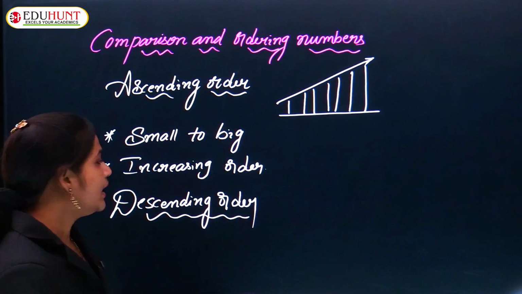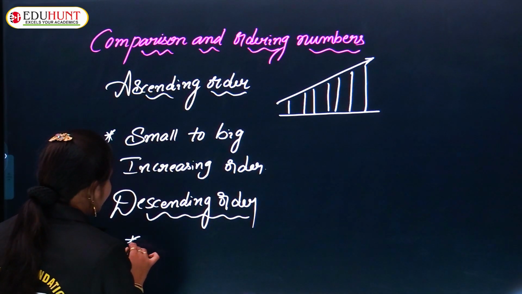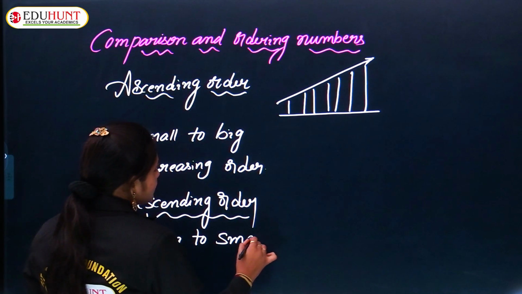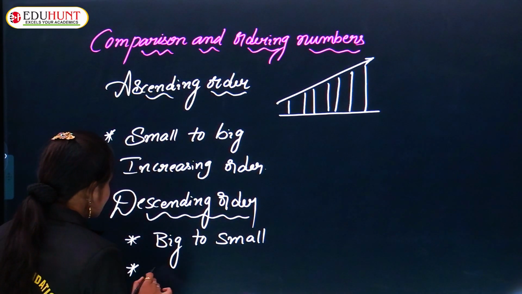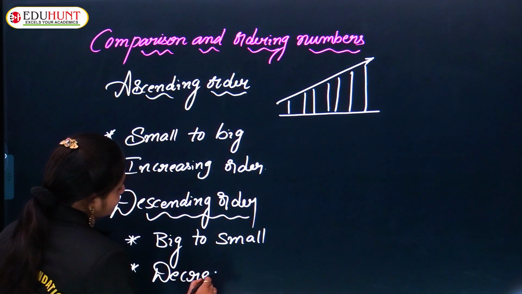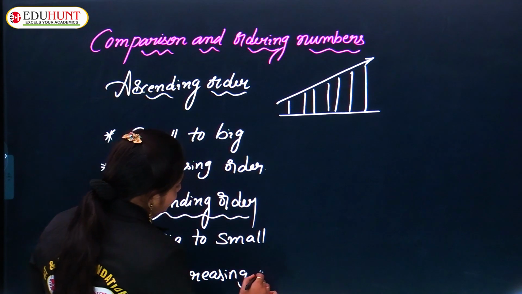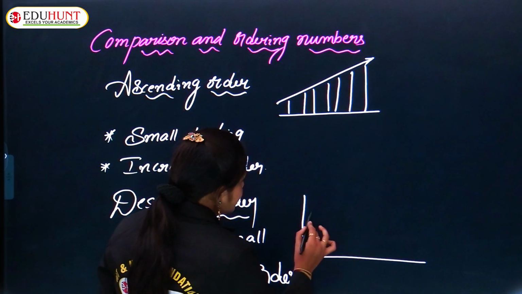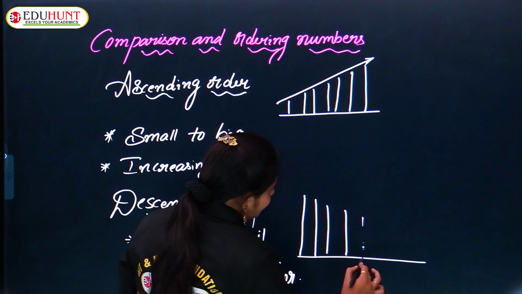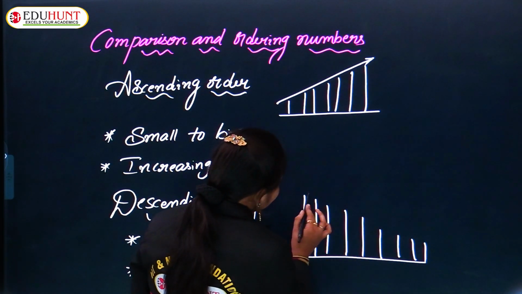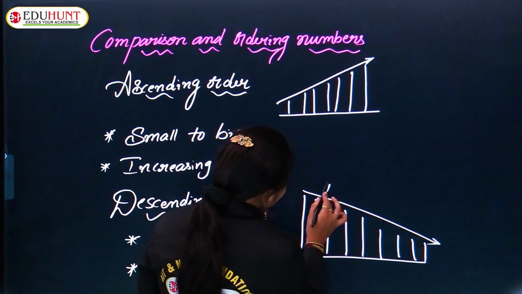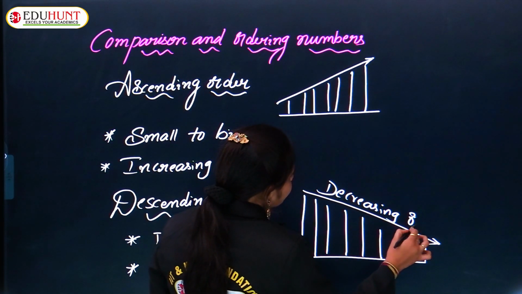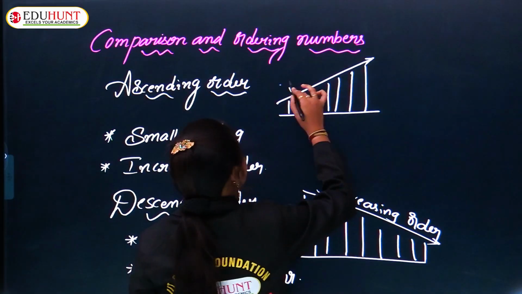Next, descending order means big to small, and in the same way we can call this a decreasing order. How to show the diagram here? First the greatest numbers, next the smallest numbers, like this you have to take. This is a decreasing order. And this is increasing order.